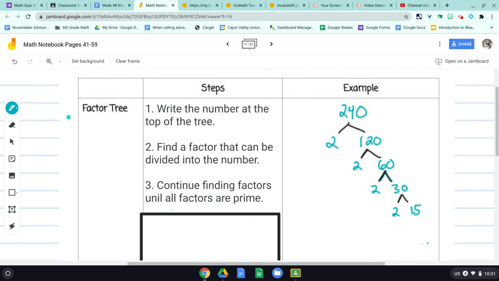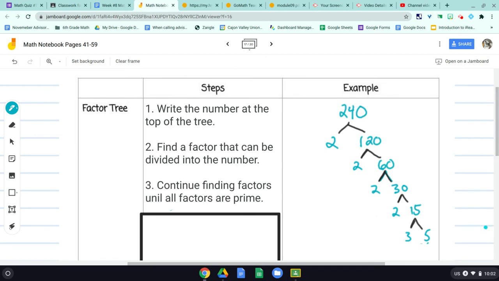Okay, so far so good. And then finally, I know that 15 can be divided by 2. Or not 2, sorry, 15 can be divided by 3. And 15 divided by 3 is 5.